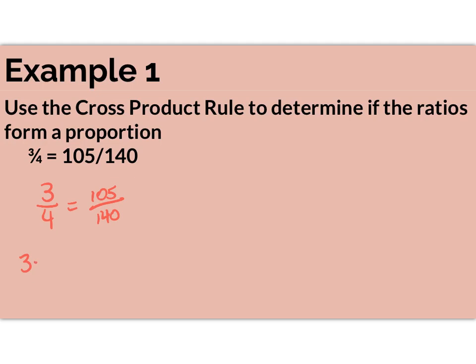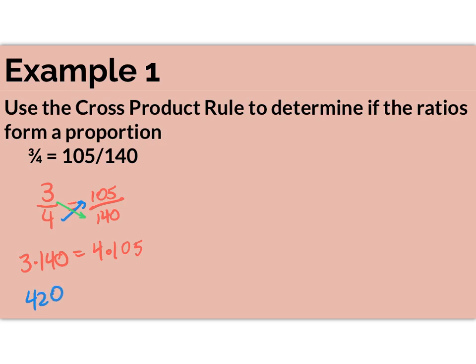Okay, so 3 times 140, does it equal 4 times 105? We know we had to cross multiply the 4 with the 105 and the 3 with the 140. So let's do the multiplication. If you have a good multiplication chart, you can look down your multiplication chart and see that 3 times 14 is 42.